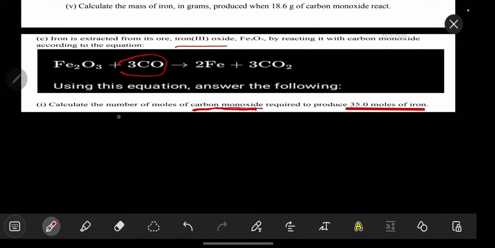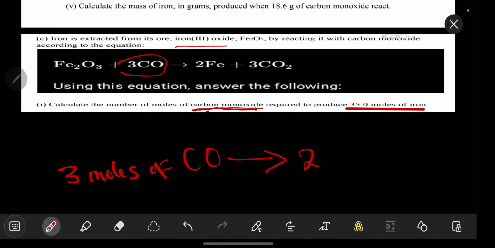You just compare with your equation to see how much carbon monoxide you have. I'll be able to say 3 moles of carbon monoxide give me, since they have given me the product iron, 2 moles from the equation first, because the equation gives you a template of what you are expected to have as long as the equation is balanced.